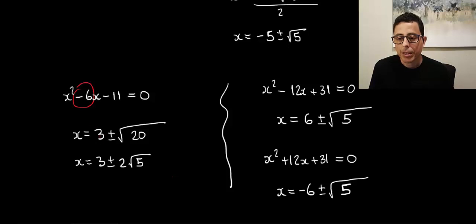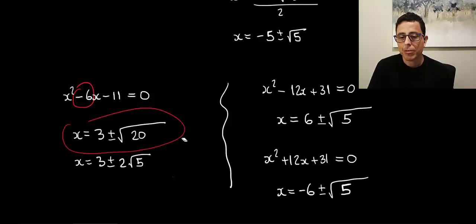Then I square 3, and that will give me 9. 9 minus negative 11, which is 9 plus 11. That gives me 20. So here is the solution. And of course, I was able to simplify it a little bit more.